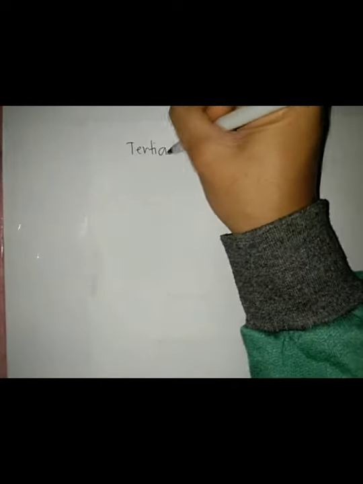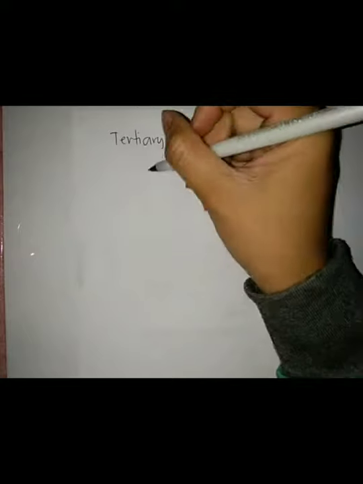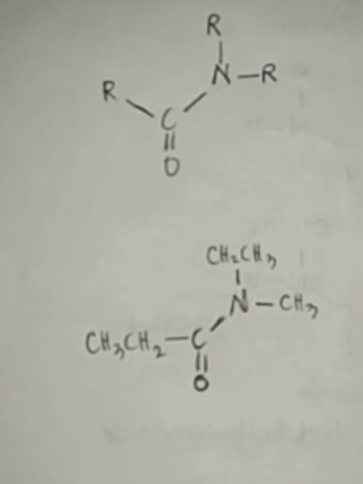So we will proceed to the next classification of amides, which is the tertiary amide. As we can see here at our tertiary amide, our nitrogen is bonded to 2 R groups, and also our carbon is bonded to one R group, which didn't change at all.